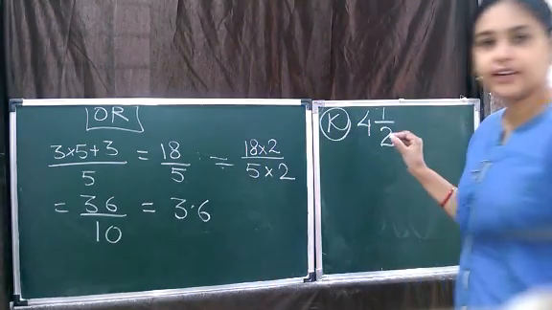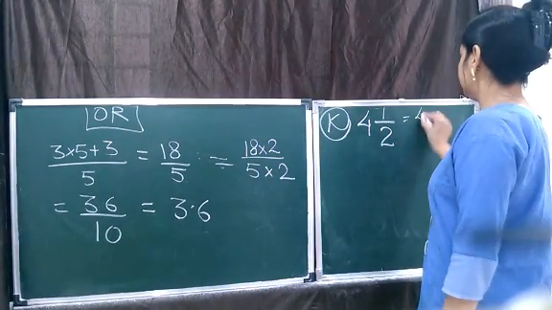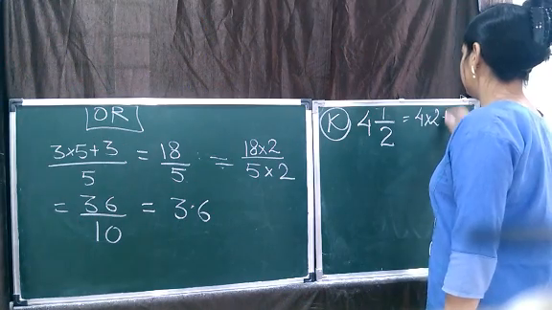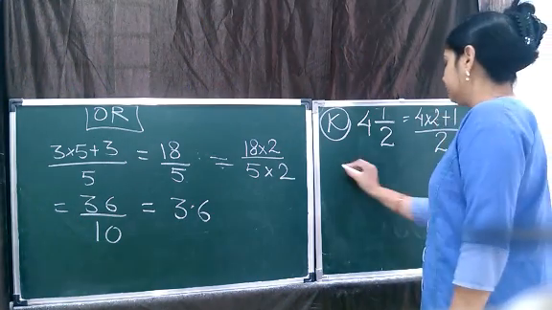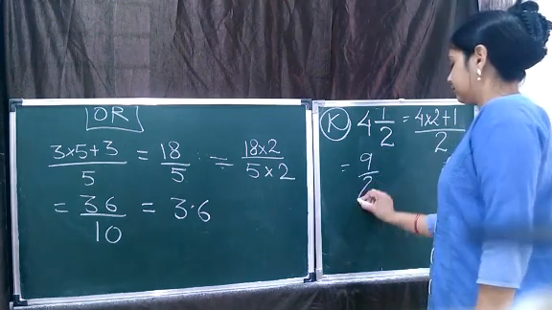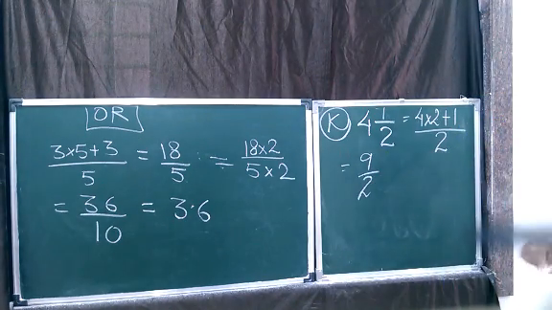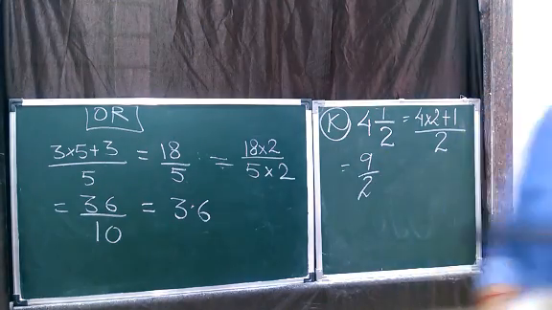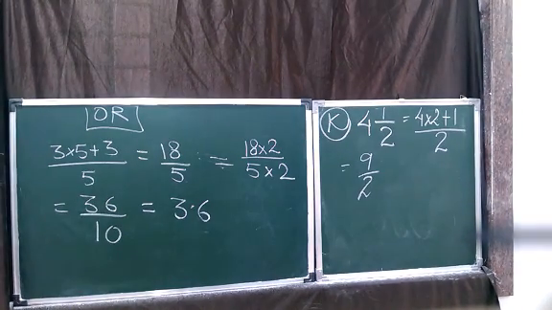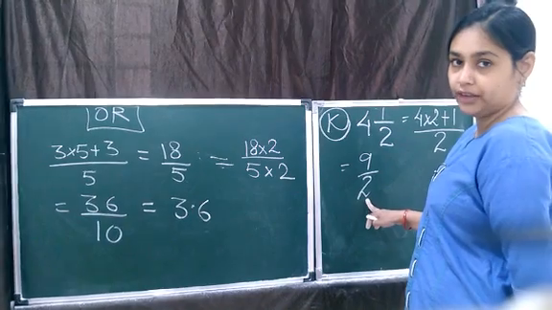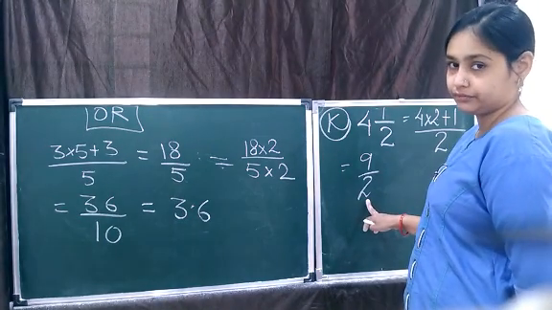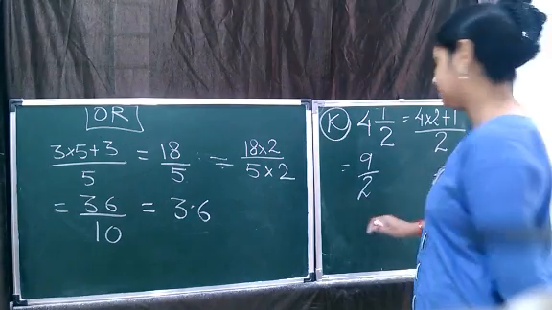So first we convert it into a fraction. 4 2s are 8 plus 1, 9. Now we have to make the denominator a 10, 100 or 1000. So to that 2, that means the denominator, if we multiply by 5, it will become 10.